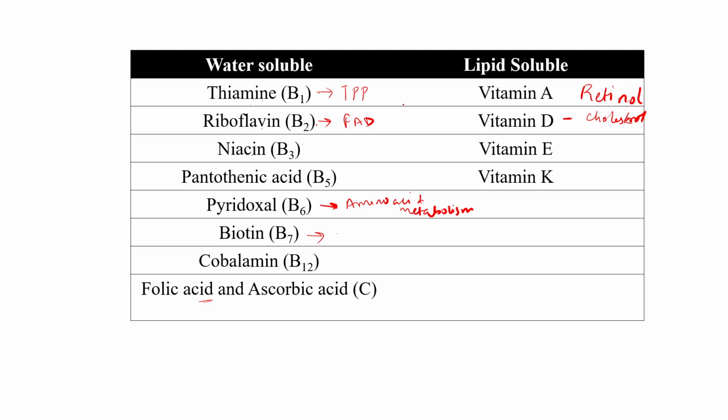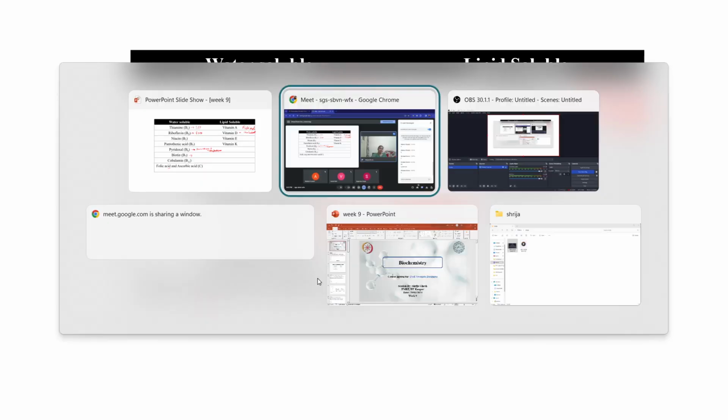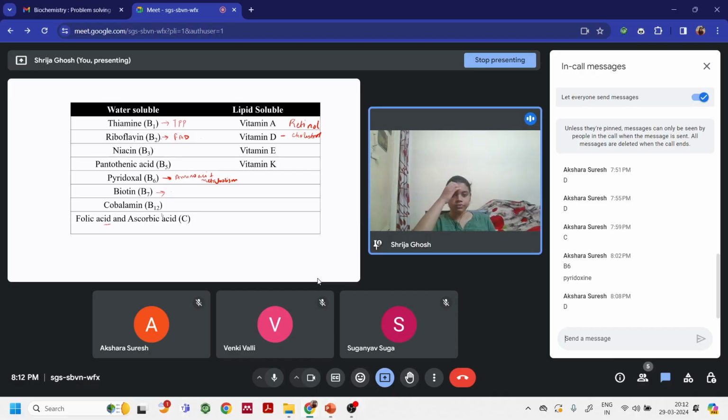So, till now we have gone through these molecules. We will go through niacin, pantothenic acid, biotin and folic acid now. Till now, any doubt in any of the vitamins that we have discussed? If you have any doubt, you can ask now, so that before proceeding I can clarify.